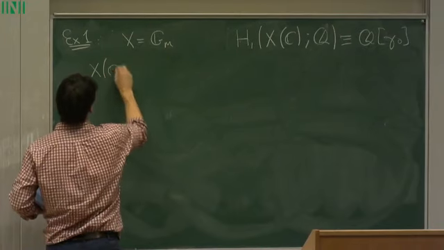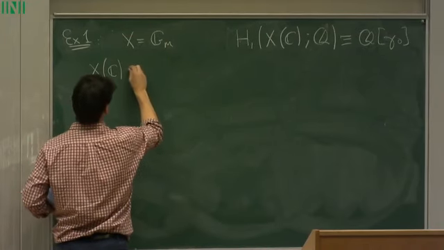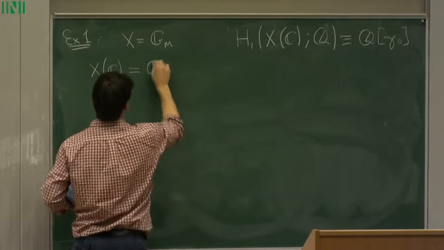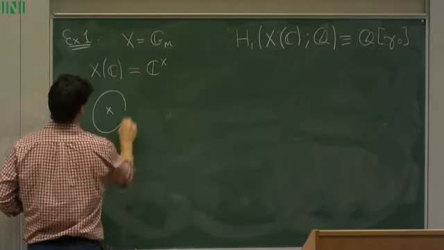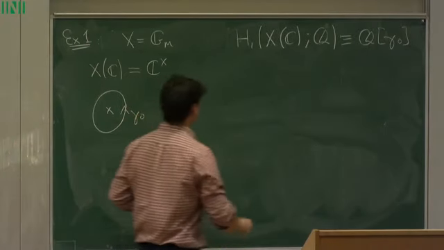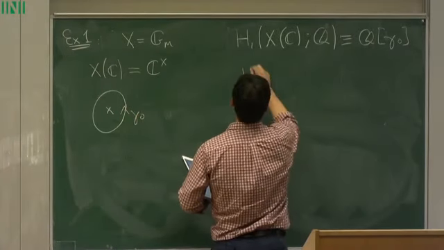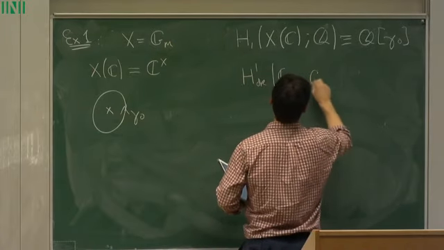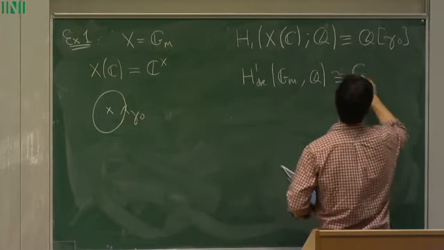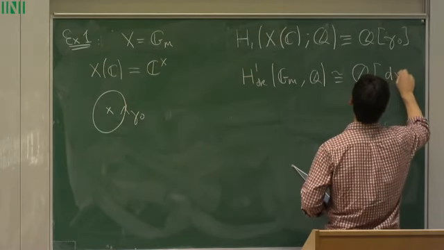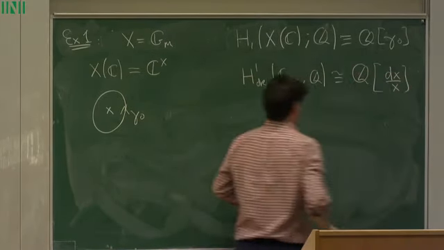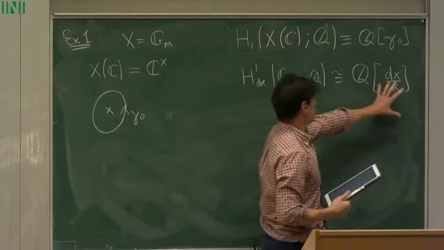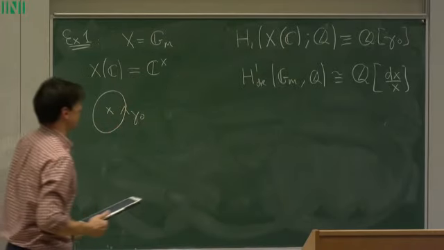The complex points of X is topologically a circle, as we saw already in the earlier talk. We just saw that H^1 de Rham of G_m is one-dimensional, spanned by the class of dx over x, because that's a regular differential form that is not d of something algebraic.